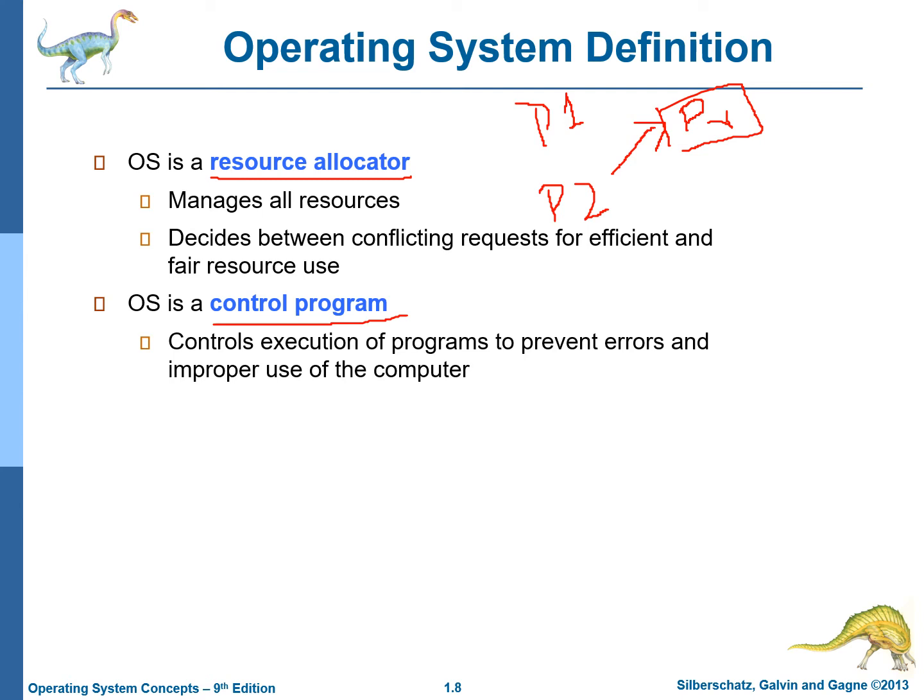Because of this, the operating system is called a resource allocator or resource manager. And the operating system is also called a control program because it controls other programs. In this example you can see it controls process 1 and process 2. It decides which should be given the resource and which should wait. Basically it does this for efficient utilization of the resource and to avoid errors, etc. So because of these reasons, the operating system is called a control program. Okay.